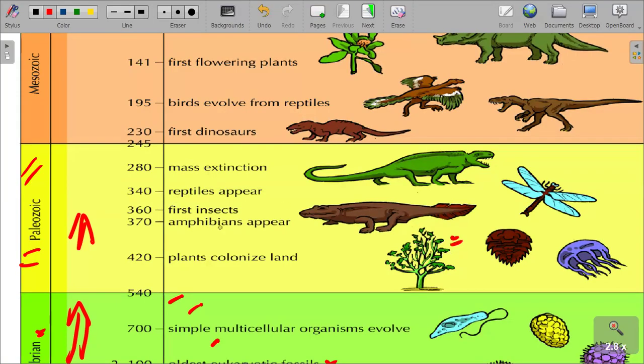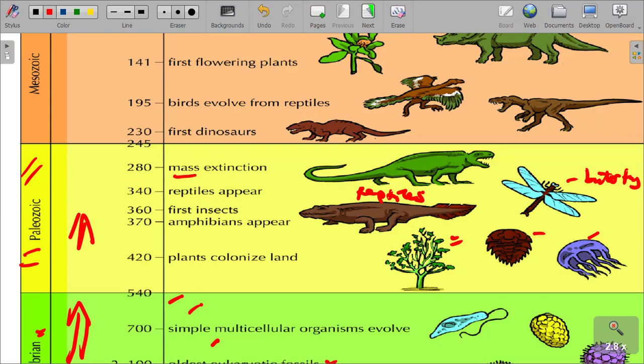We have also amphibians appearing, water-loving organisms, and reptiles that also came in during the Paleozoic era. And then we also have the first insects, maybe butterflies, and some snails and organisms that came during that time. It existed from 540 to 240 million years ago.